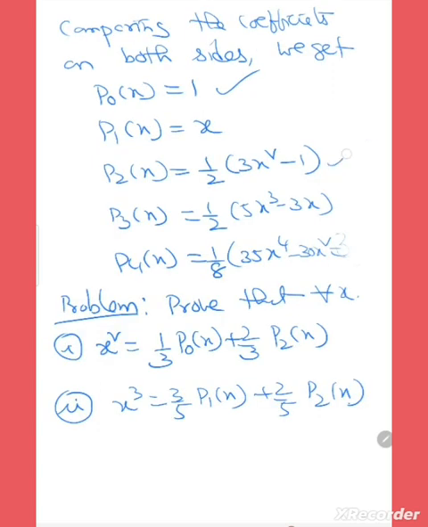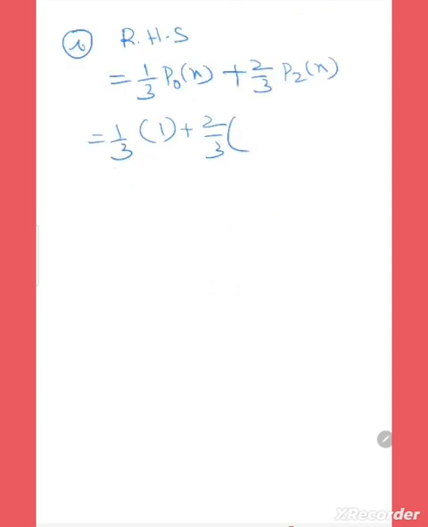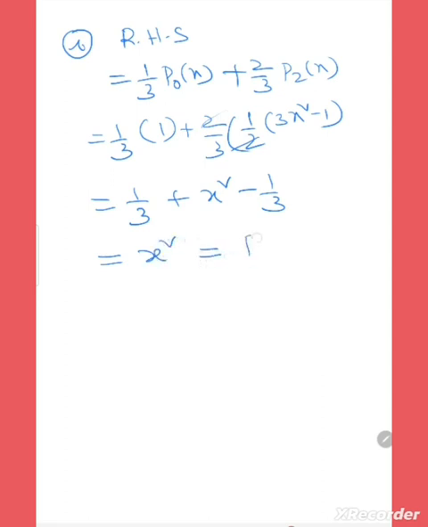What is the value of p2 of x? p2 of x is half of 3x square minus 1. This is equal to 1/3 plus, 2 gets cancelled, 3/3 is x square minus 1/3. So plus 1/3 minus 1/3 is 0. It is equal to x square, which is the LHS value.